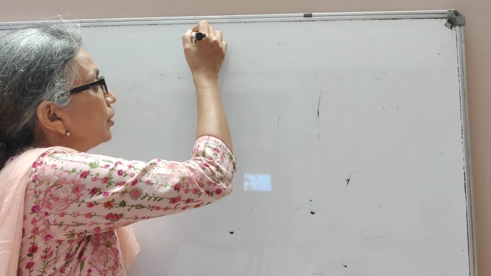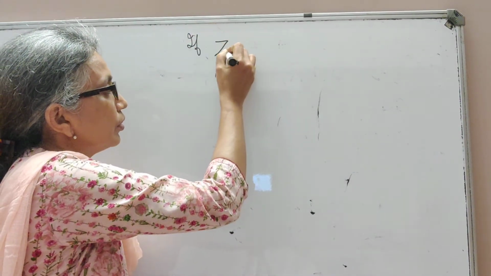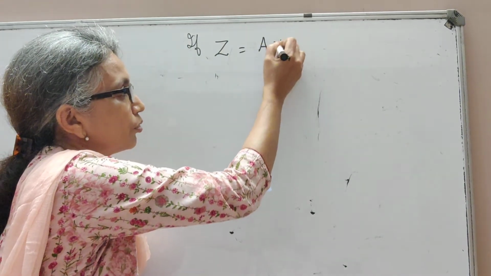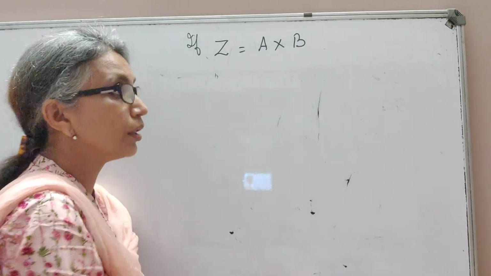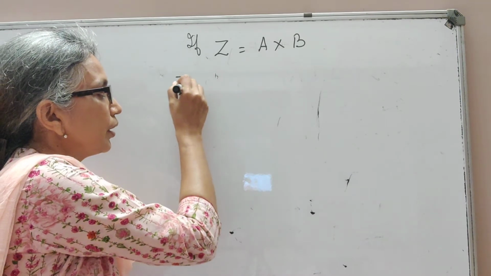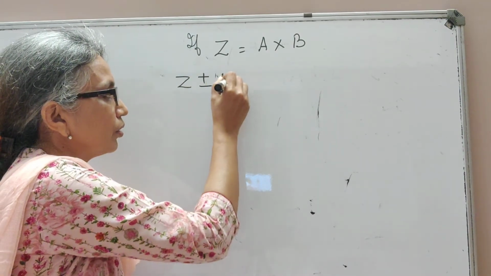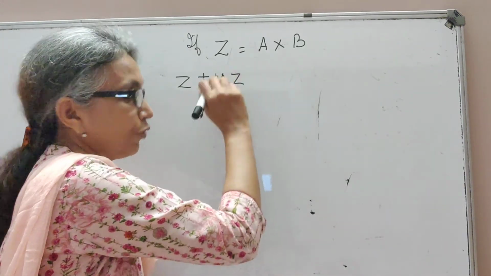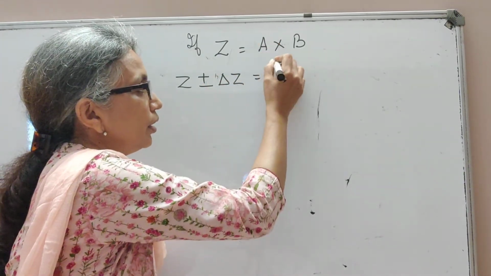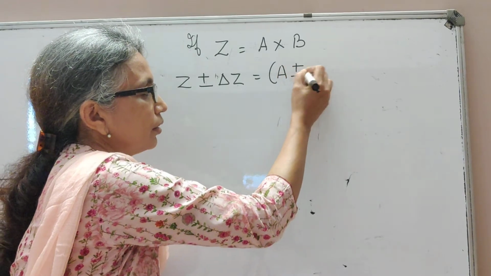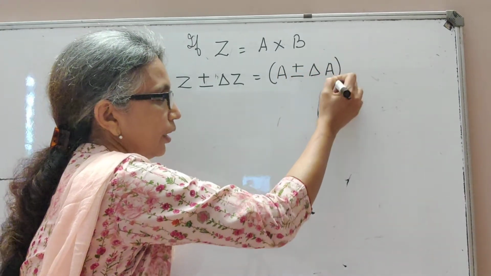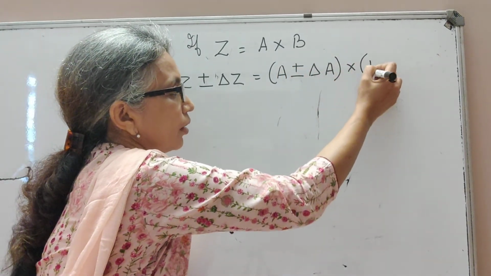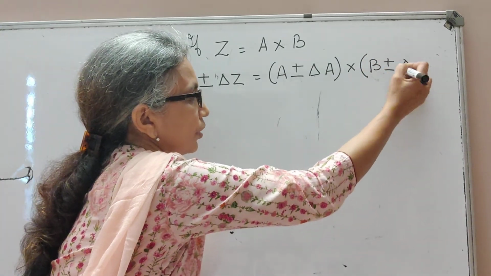Now suppose you are going to do Z, which is the multiplication of A into B. So we will write Z can carry an absolute error, plus or minus delta Z, the error in Z, the final result. In the readings that you took, A has an absolute error of delta A, multiplied by B, which has an absolute error of delta B.